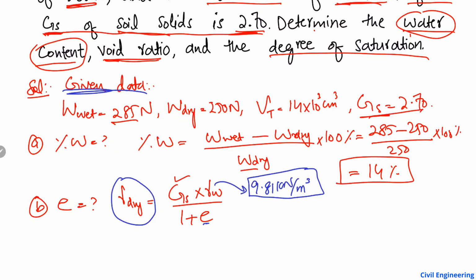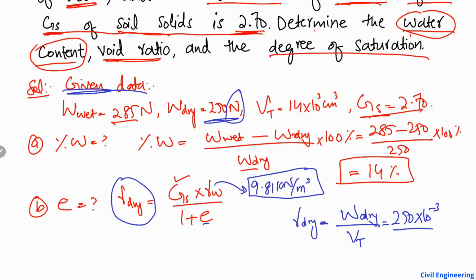We can find the dry unit weight as the dry weight of the soil sample divided by the volume of the soil sample. The dry weight of the soil sample is known, which is 250, multiplied by 10 raised to power minus 3, because I want to convert it from Newton to kilonewton.